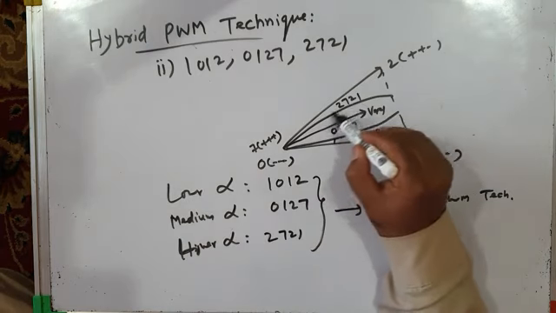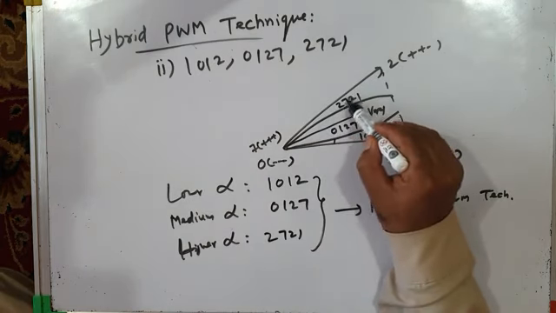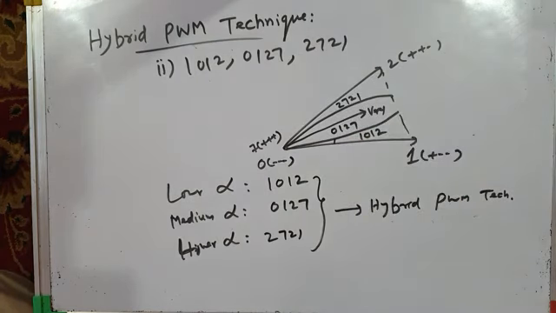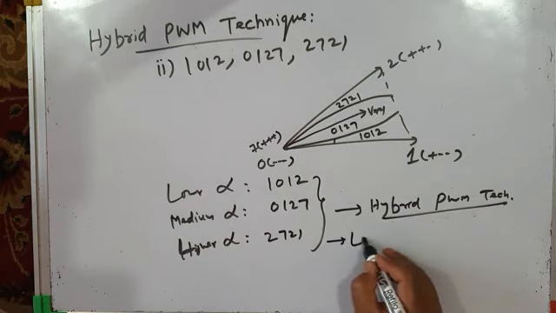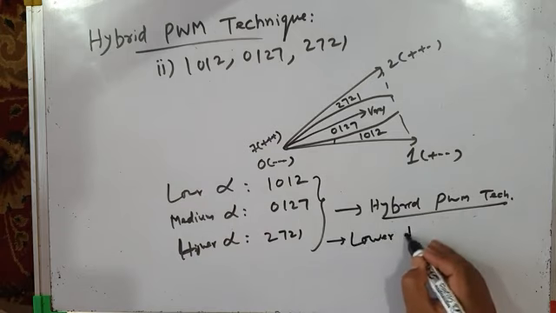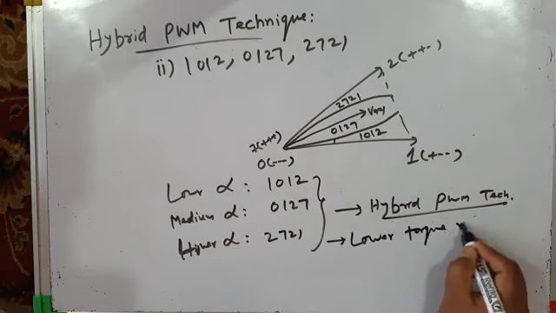And for high values of alpha, the advanced bus clamping sequence 2721 gives lower q-axis stator flux ripple, and hence lower torque ripple. So this is how you can combine various switching sequences which belong to different PWM techniques, giving rise to hybrid PWM technique for reducing torque ripple. So this will give lower torque ripple in the induction motor.